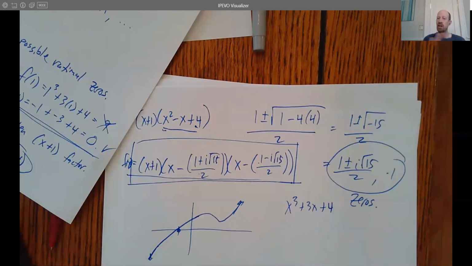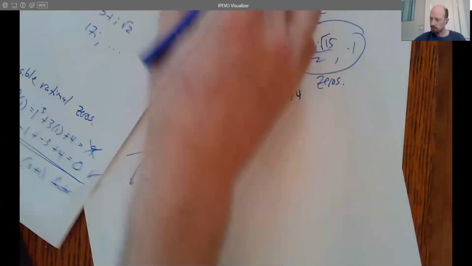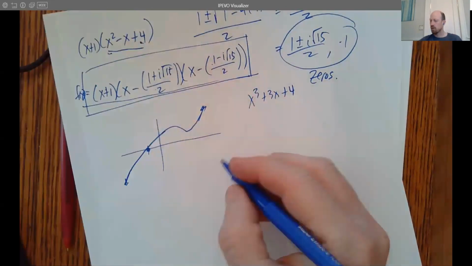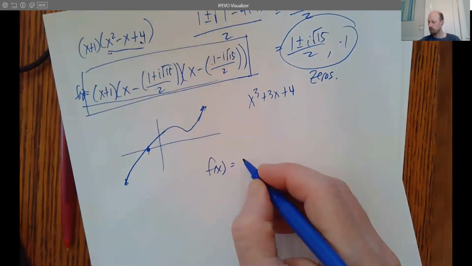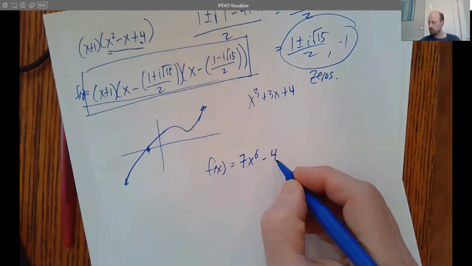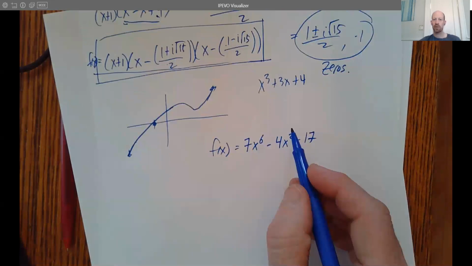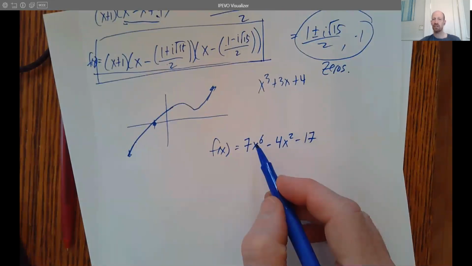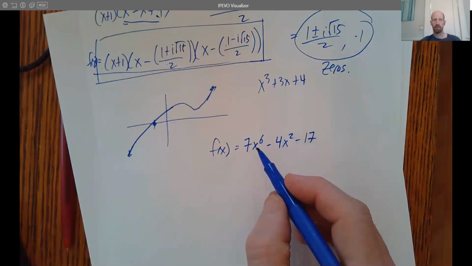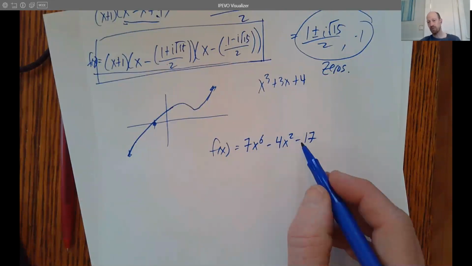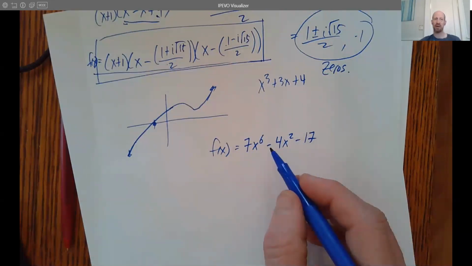Yes. So the number of zeros is always equal to the degree. So if your polynomial is this, it's degree 6, it's going to have 6 zeros. Okay. Now, finding what those zeros are can be a lot of work, especially with a bigger polynomial like this, right? But I know that there are 6 zeros.